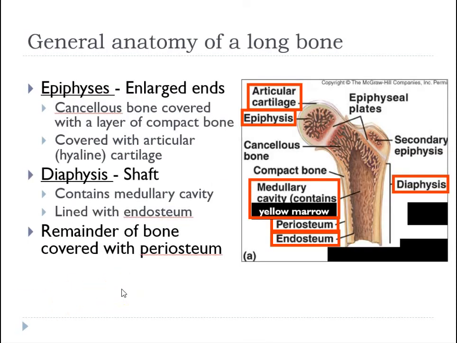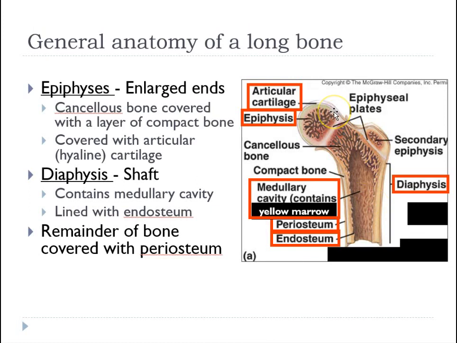The general anatomy of a bone, especially these long bones, is going to be a couple of things. The shaft itself, in lab we were just calling it the shaft, but its actual name is diaphysis, and it contains this cavity that's lined with the endosteum.